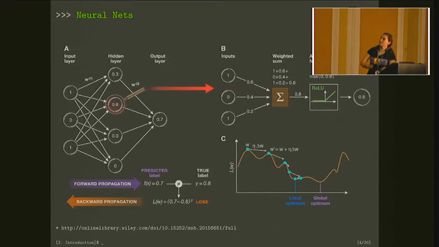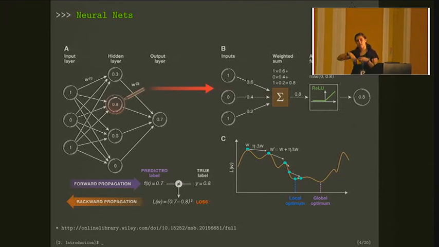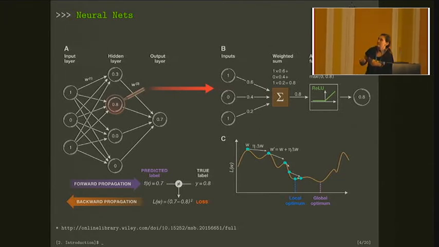From the input, you go to each node. You have a weighted sum, that is in the B section. That sum goes to an activation function. It is a mapping function that takes one value, applies a function, and returns it in another space. For example, with ReLU, all negative values go to 0, and the others stay linear. That is going to be the input for the next layers.